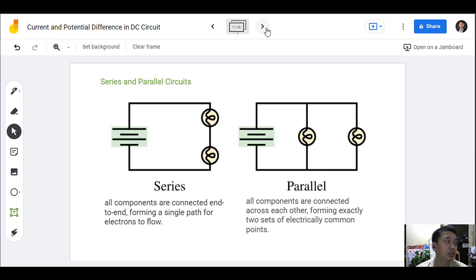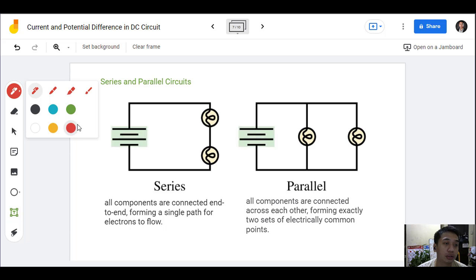Okay, so let us discuss the series and parallel circuits. When we speak of series, all components are connected end to end, forming a single path for electrons to flow. So to further understand, in a series circuit, the flow of energy or electrons is from one end to the other.